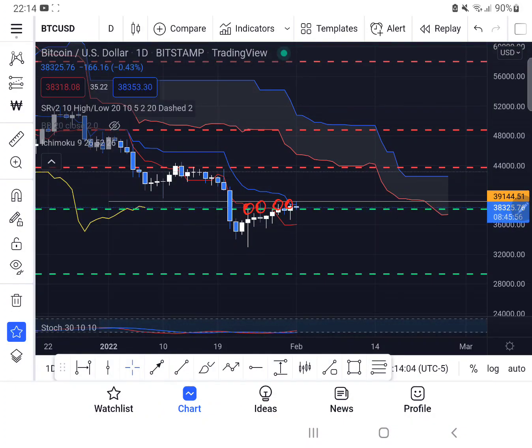For this day, it may be blocked again, and we will be waiting for the base of the Kumo to go down on the daily time frame. The thickness is not bad, to look for some bearish strategy.